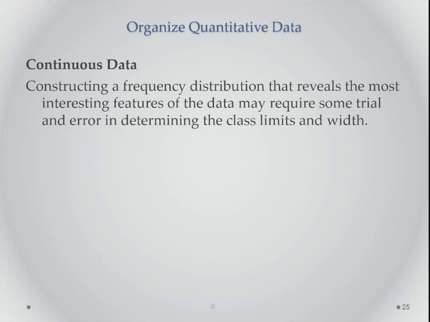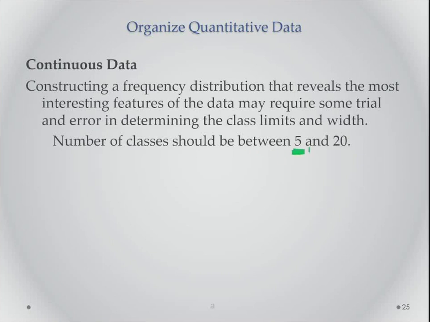If you make them too small, then you have too much data. You really want to have the number of classes somewhere between 5 and 20. The fewer data points, the smaller n is, then you'd probably want to be on the 5 class. If n is in the hundreds or so, then maybe 20 or somewhere in between.